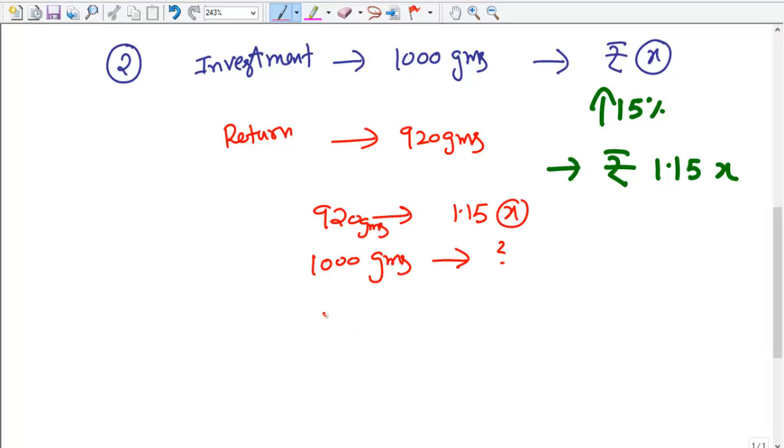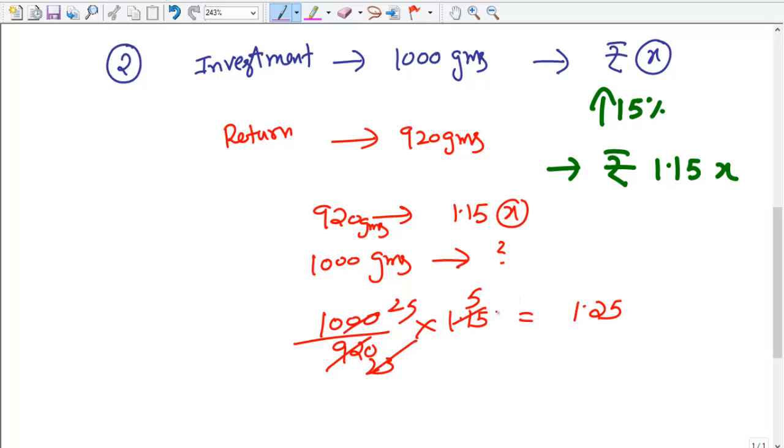That's quite simple. 1000 divided by 920 into 1.15. So 23, 25, that is 1.25x. So the investment is X rupees and return is 1.25x. That means 25% profit overall.